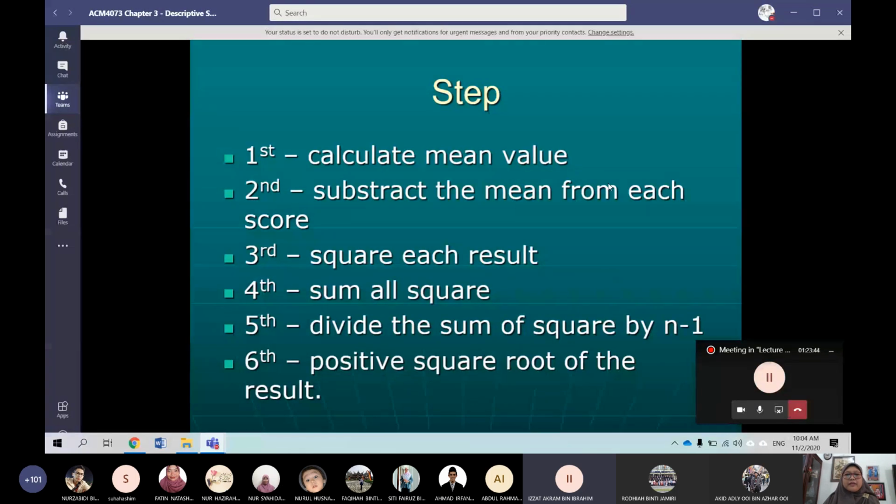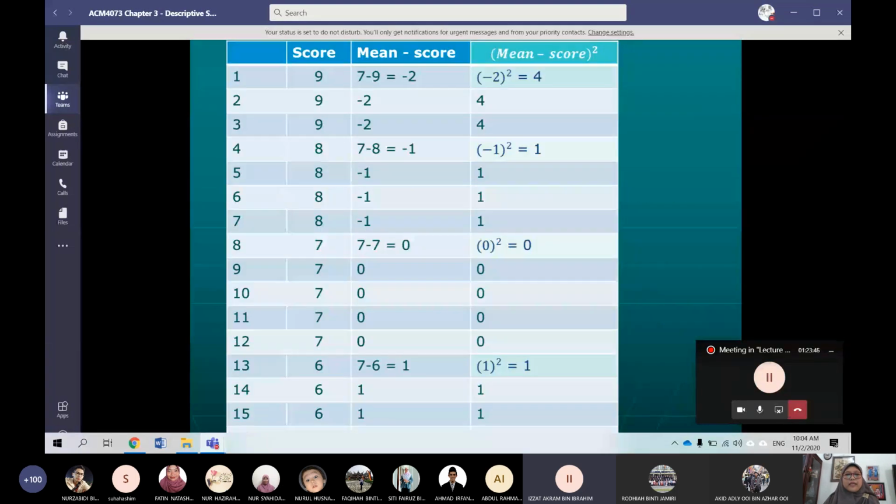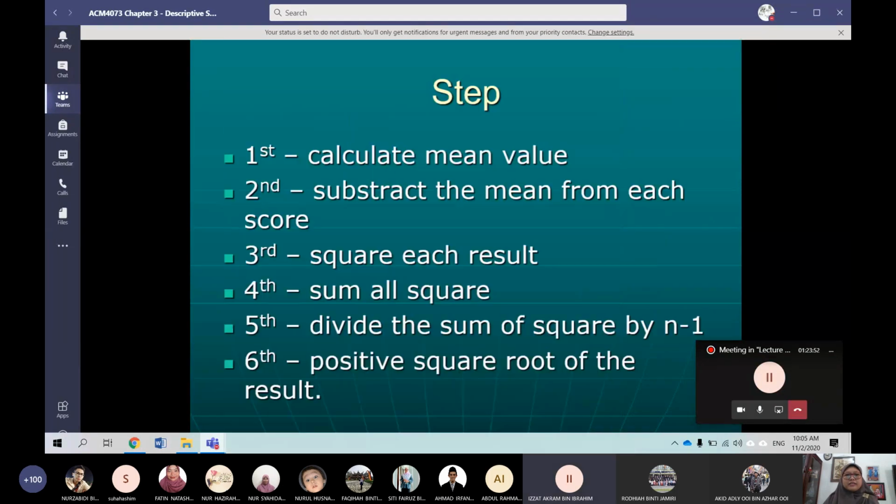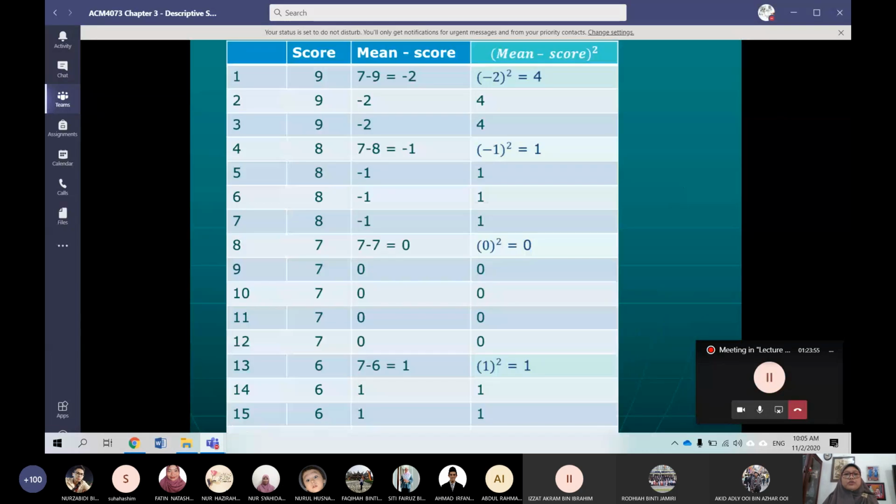Subtract the mean from each score. Okay, this is the score. The first step is to calculate the mean value, then subtract the mean from each score. So for each score, you have 9, 9, 9.